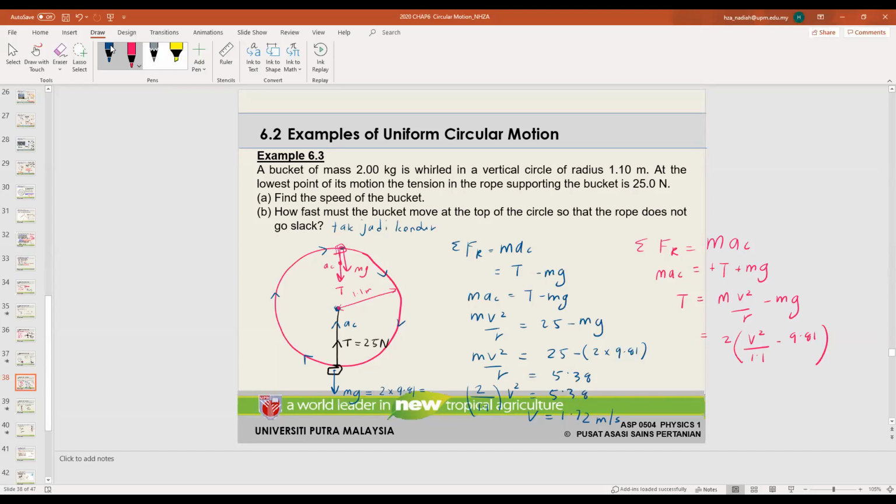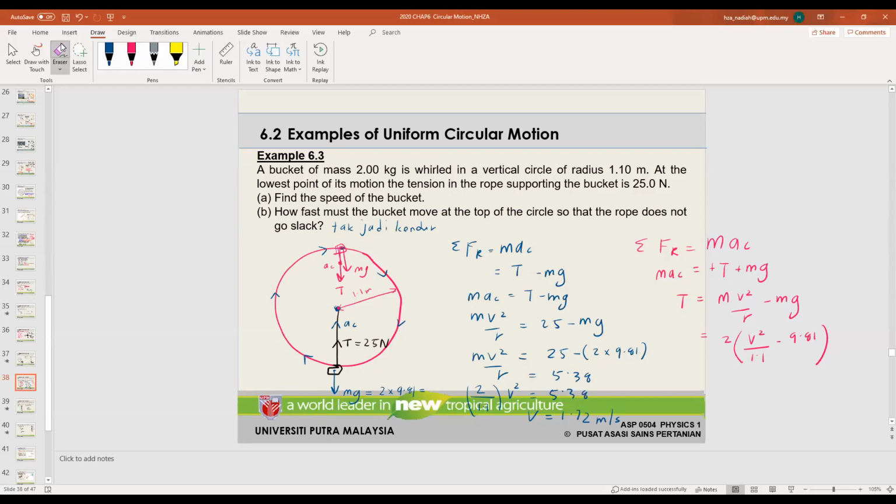So as the bucket is moved throughout the circle, shouldn't T be constant, Doctor? Yeah, I should. Let's try. Kalau tak boleh solve lah. 25 Newton. Should it be constant if I am moving? Oh yeah, it should be. Betul-betul. Bel, you are right. The tension of the spring should be constant.